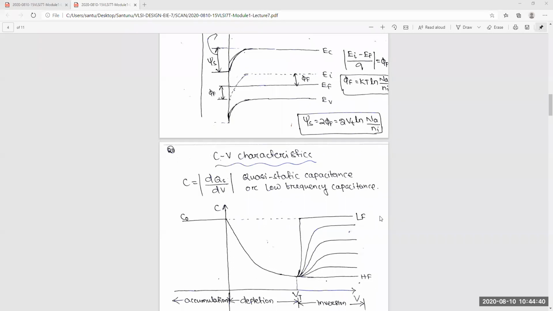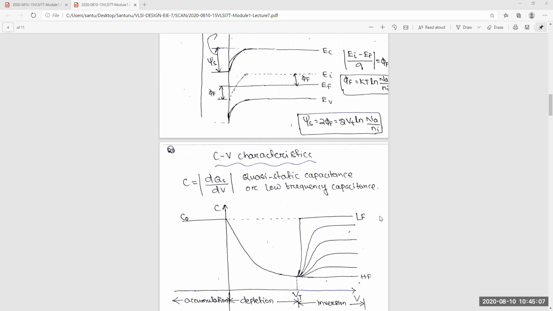At inversion, the semiconductor surface has mobile electrons, thermally generated mobile electrons. And at very high frequency, the depletion region width will not increase. That's why it is constant.